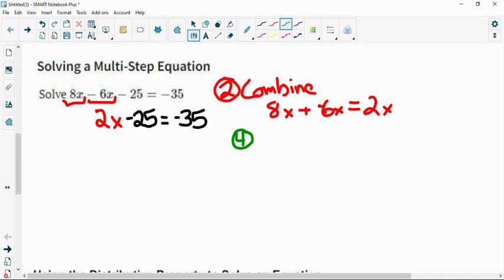The x, we have 2 times x minus 25. So we need to take that in reverse order and start with the minus 25. The opposite would be to add 25 on each side of the equal sign. So I will add 25 and add 25.